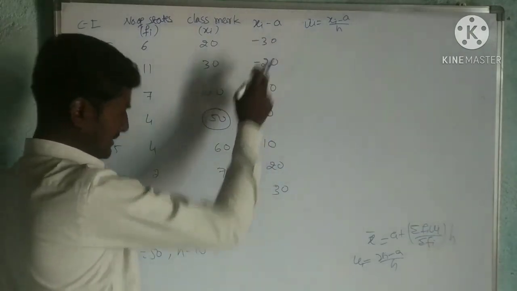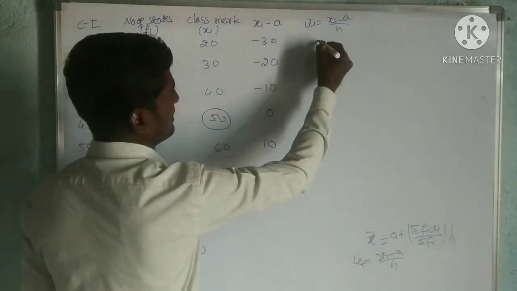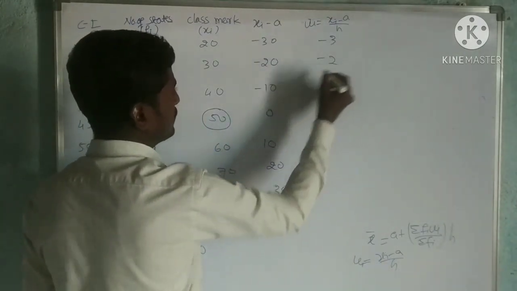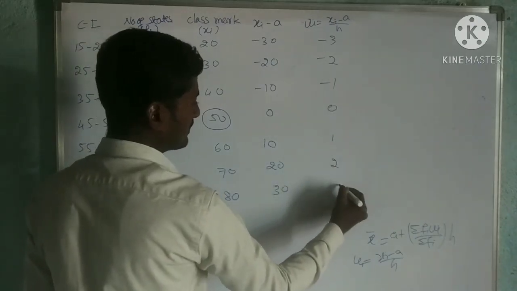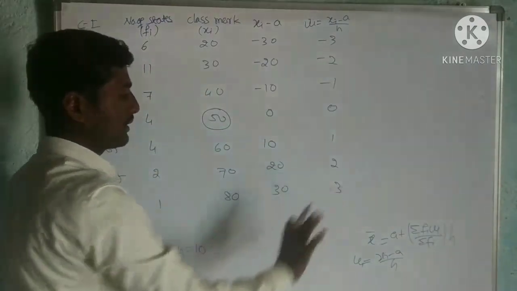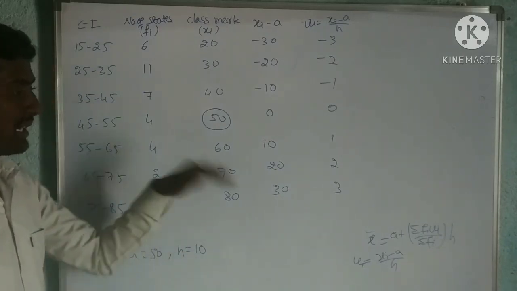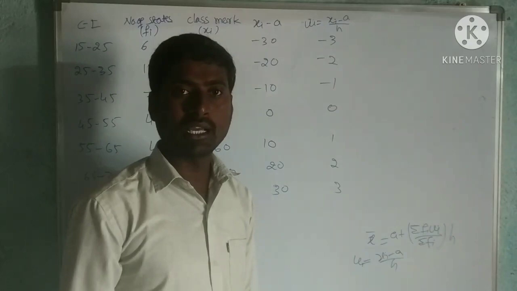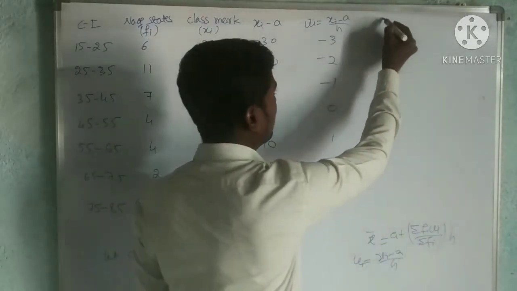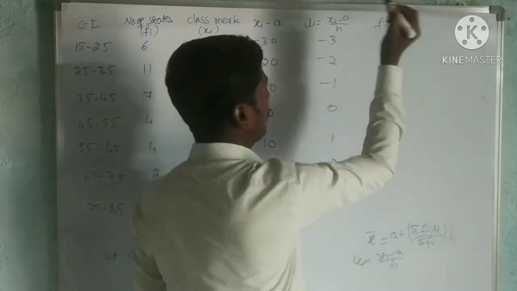Now divide this, minus 30 divided by 10, that is minus 3, minus 2, minus 1, 0, 1, 2, 3. Ui I got. Next term what I want? See the formula. There Fi Ui I want, means I have to multiply Fi and Ui.